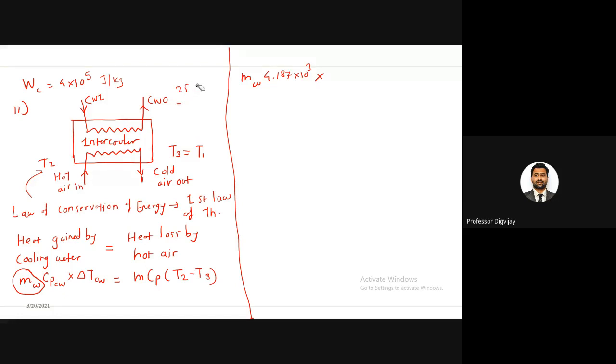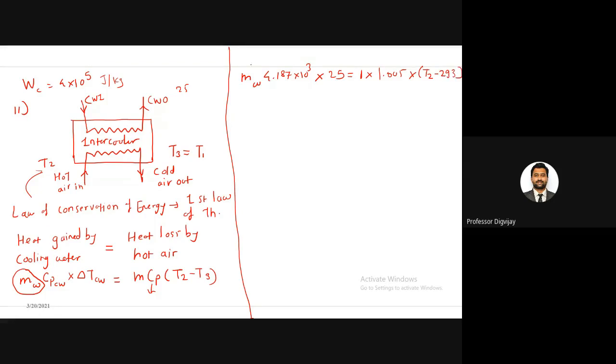Okay, so this is a delta T. So we can directly write down 25 is equal to mass flow rate of air, which we know is per kg, so that will be 1, into Cp of air. The specific heat of air will always be 1.005, into T2. T2 is unknown and T3 is equal to T1, that is 293.